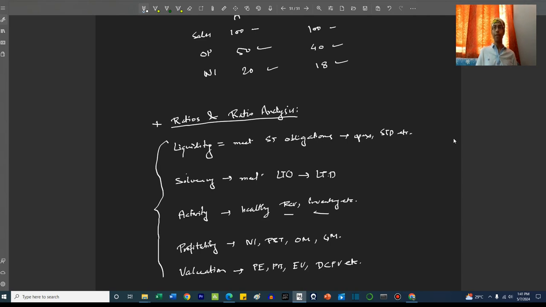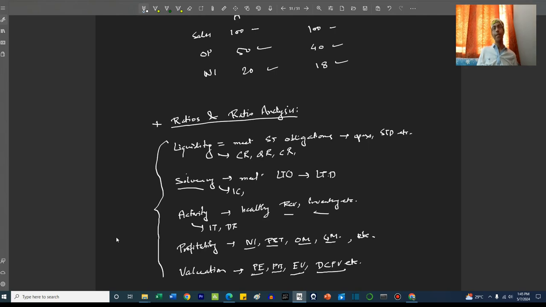So, for example, liquidity. To measure liquidity, there are ratios like current ratio, quick ratio, cash ratio. For solvency, there are ratios like interest coverage, which show how good the solvency is. For activity, there is inventory turnover, days receivables, which help us monitor the activities.